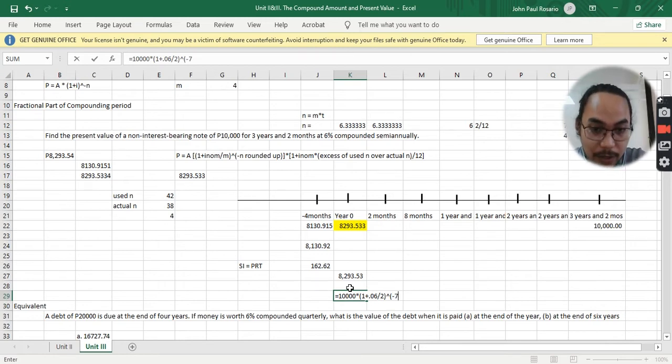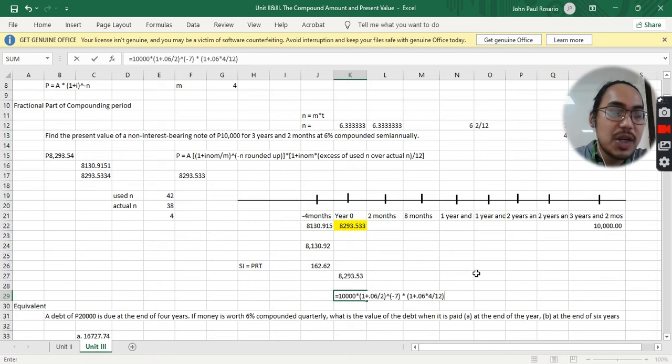That's -7. And then, after that, we multiply it with 1 plus our annual rate, 0.06, multiplied by katong excess months, 4 over 12.